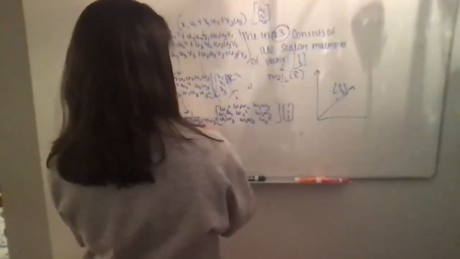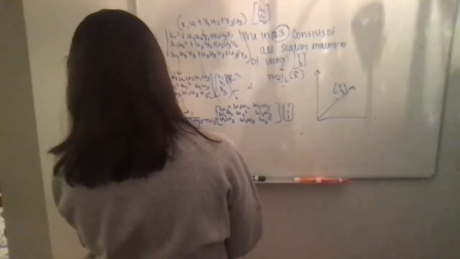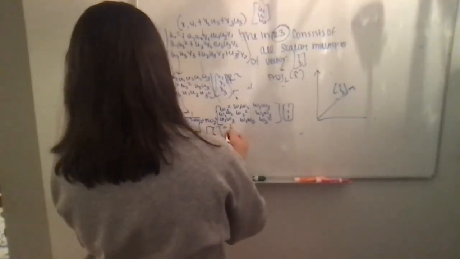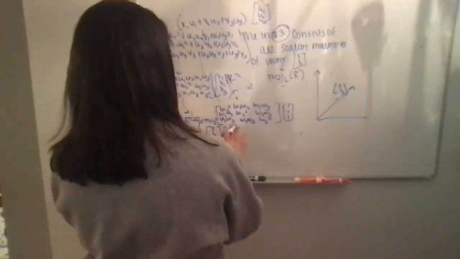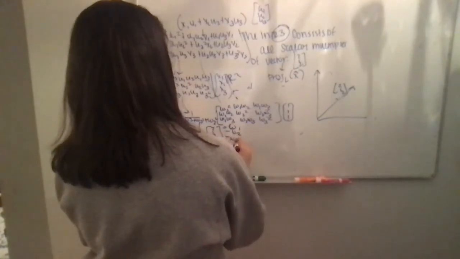So that means that our vector is 1, 1, 1, and then we plug in numbers here. So our W's are going to be 2, 1, 2. W1 is 2, W2 is 1, and W3 is 2.